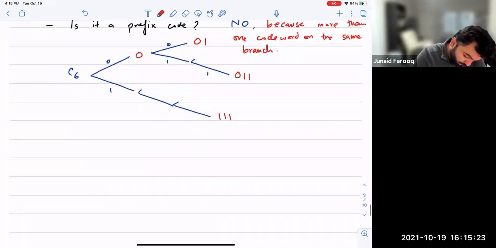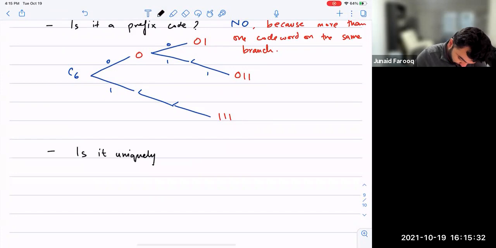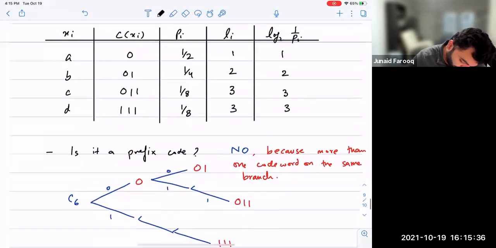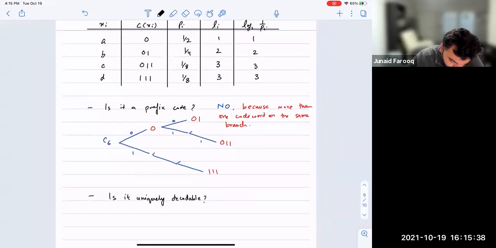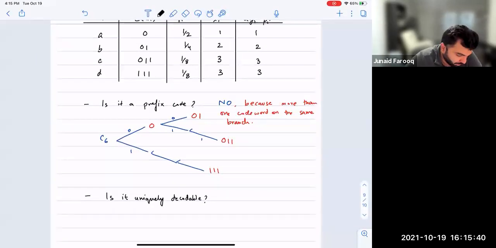Now, next question: is it uniquely decodable? Let's look at it again. Unique decodability means that no possible concatenation of code words end up in the same encoding. So if you combine A and B, it's 0, 0, 1.